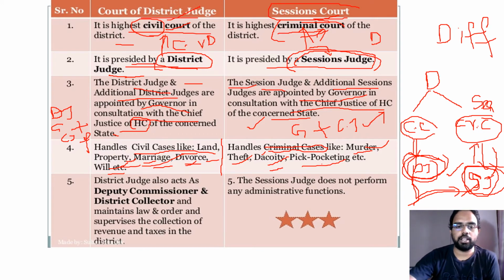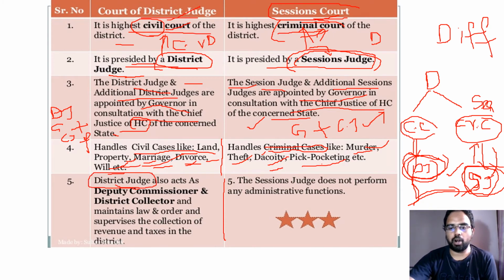So here, the other difference between the district judge and the sessions judge is that the district judge altogether has certain administrative functions like deputy commissioner and district collector. So the district judge can also act as district collector or deputy commissioner.